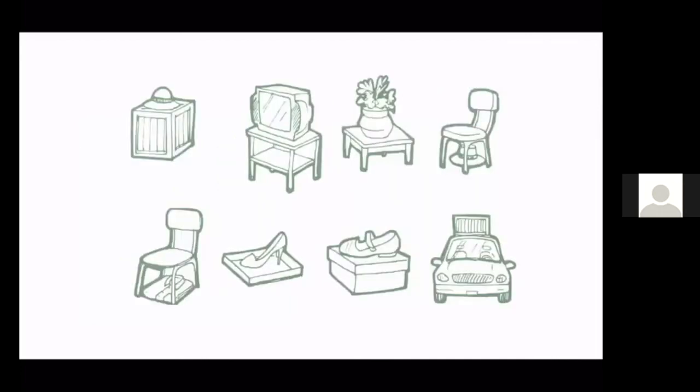Here, the words that I would use would be hat, box, TV, table. Don't get super sophisticated with the words. Vase, chair, hat, chair, shirt, shoe. And these would not be high heel, whatever, but just shoe.